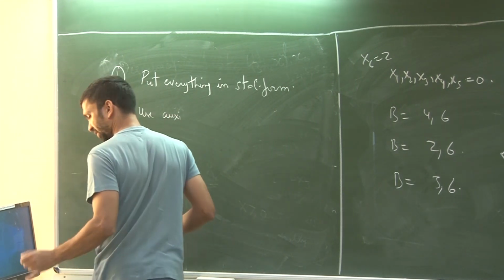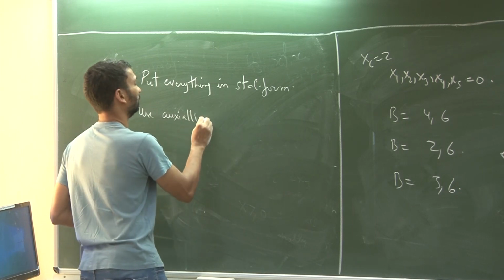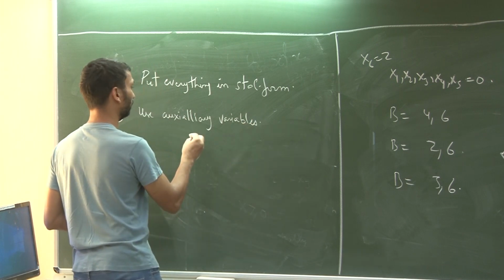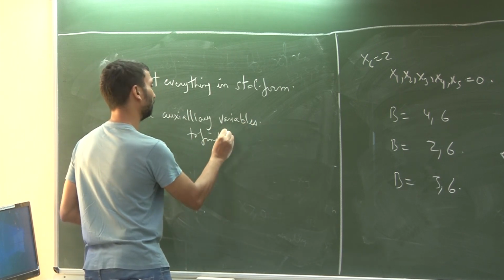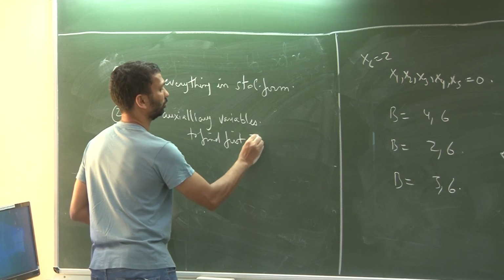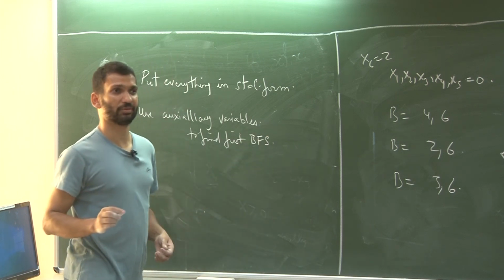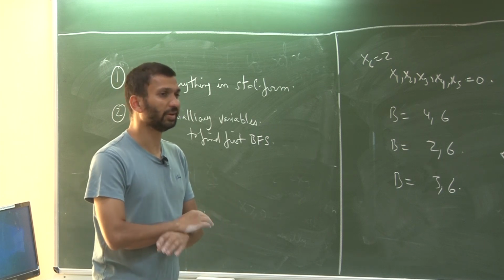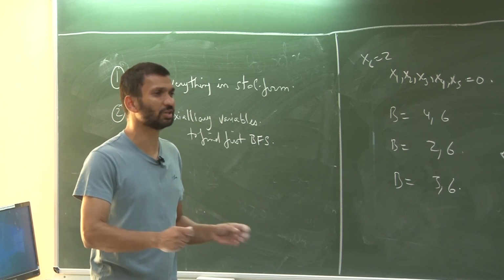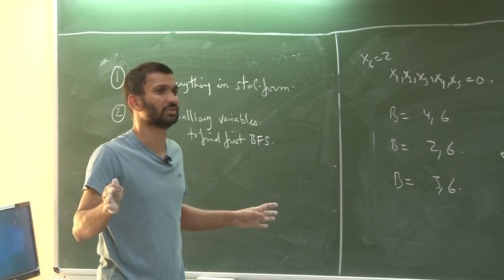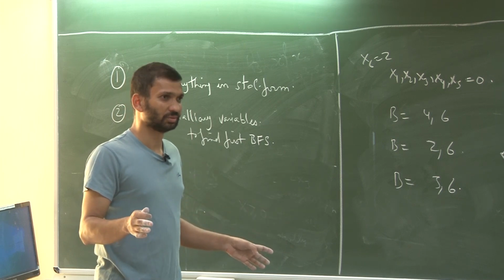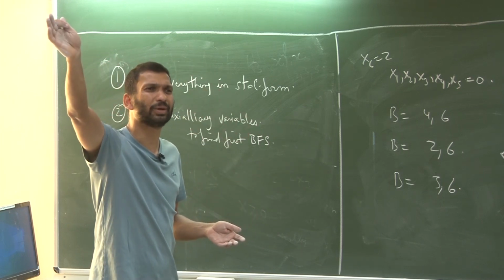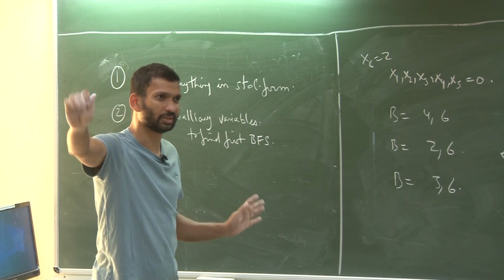I think I called them auxiliary here, so let me use auxiliary variables to find the first BFS. Okay? If you don't want to be very, very efficient, you can just introduce auxiliary variables in all the equations. Who cares? Right? And then just write minus x1, minus x2, minus y1, minus y2 up to minus y. Completely fine. It doesn't matter.